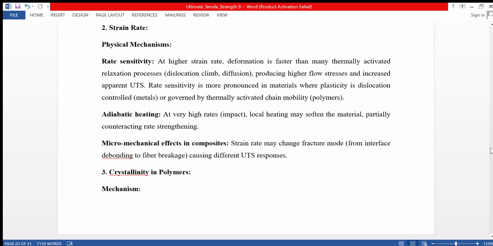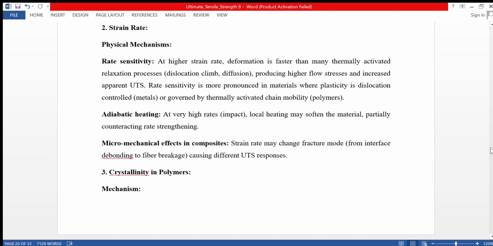Adiabatic heating at very high rates: local heating may soften the material, partially counteracting rate strengthening. Micromechanical effect in composites: strain rate may change fracture mode, causing different UTS responses.